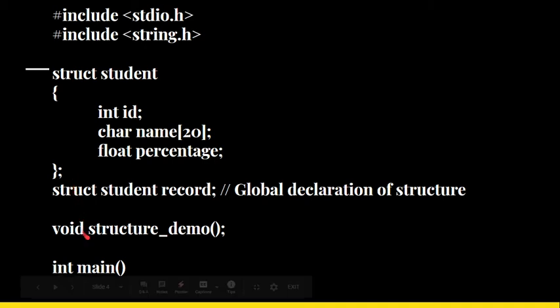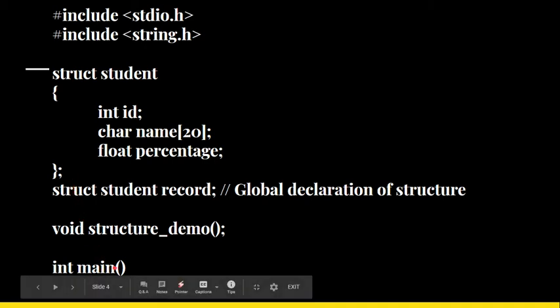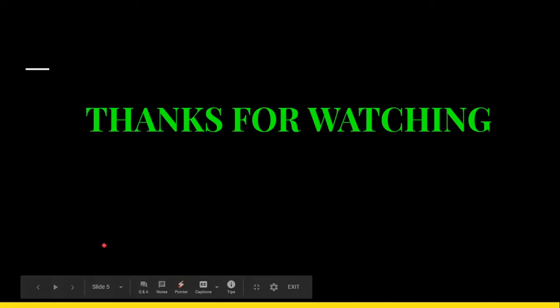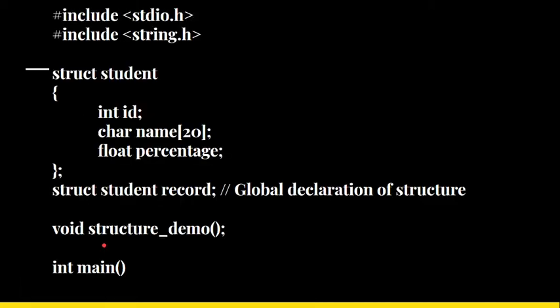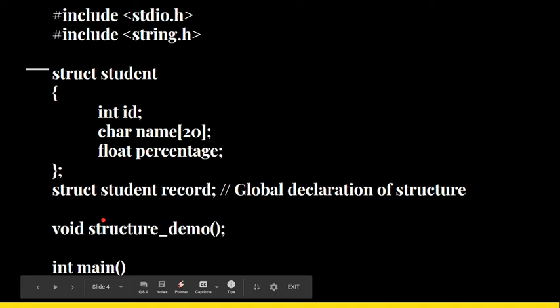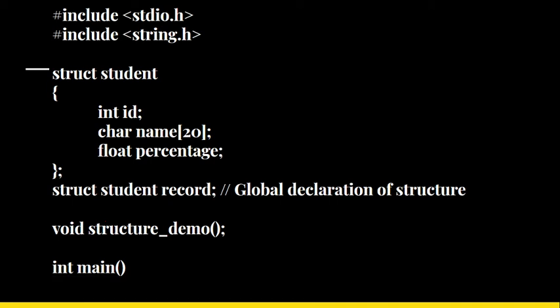You can see this is the main function, and we are declaring the structure globally before the main function. This is the third way of declaring the structure as a global one. Okay, so struct student record, this is the global declaration of the structure.